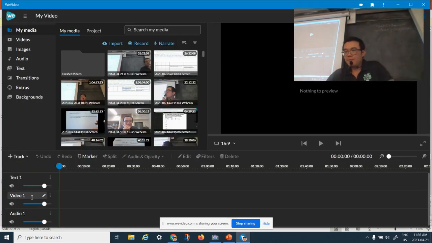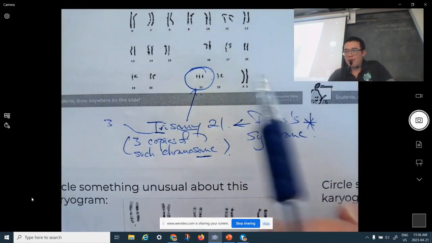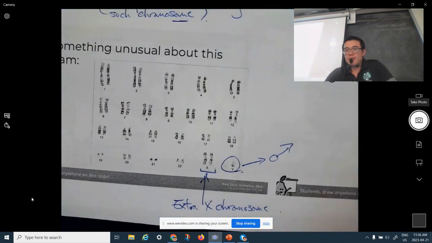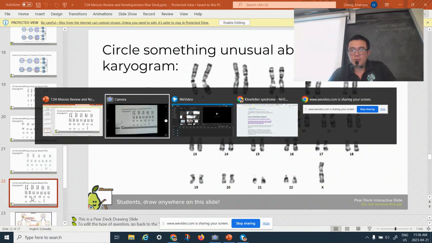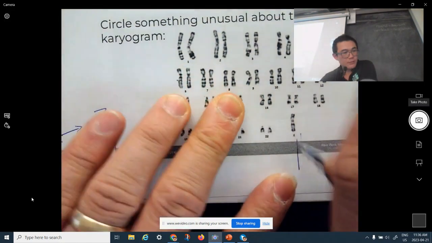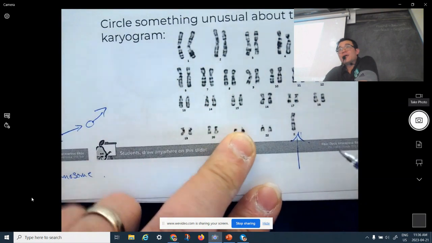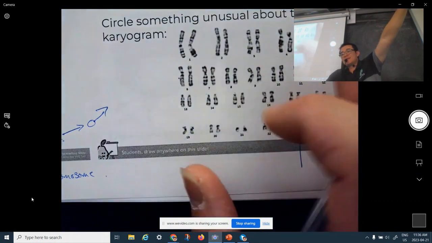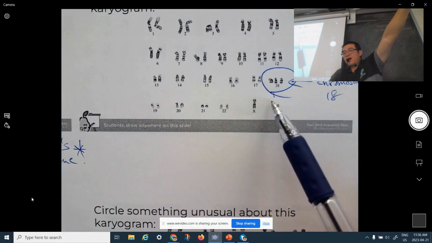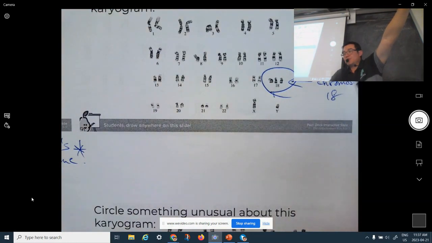Is it possible? Yeah, female should have two X chromosomes. Okay? If you have only one copy of the chromosomes when there should be two copies, what's that term called? Take a guess. If you have three copies of something when there should be two, you call it trisomy.